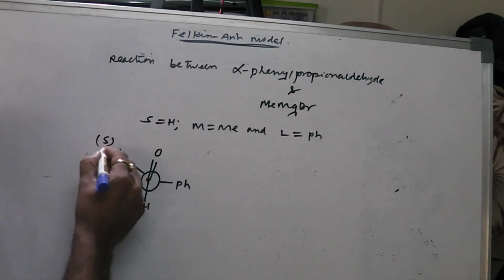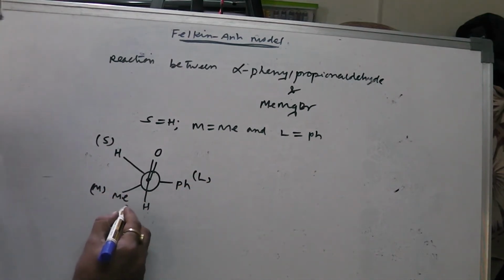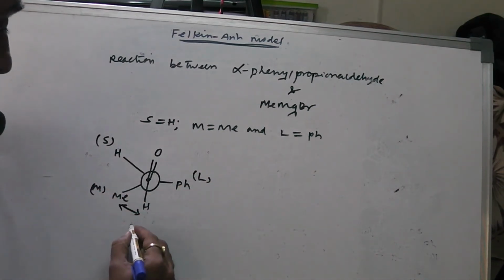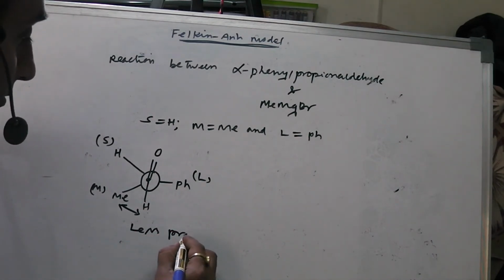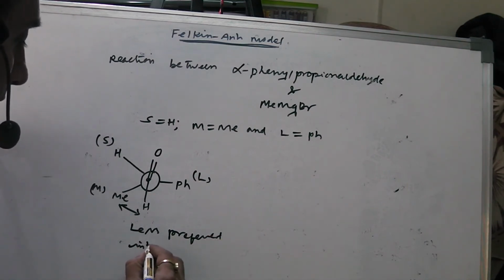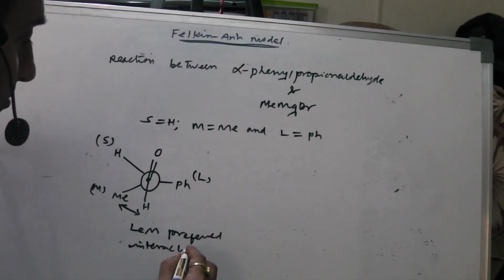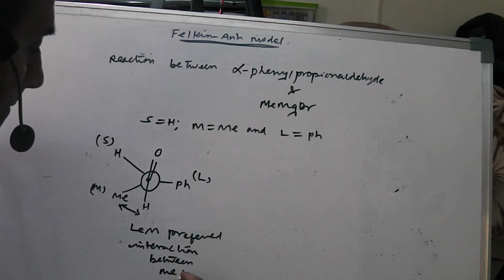This is smaller, this is larger, this is medium. Now you can see the interaction is between Me and hydrogen, so it is less preferred.